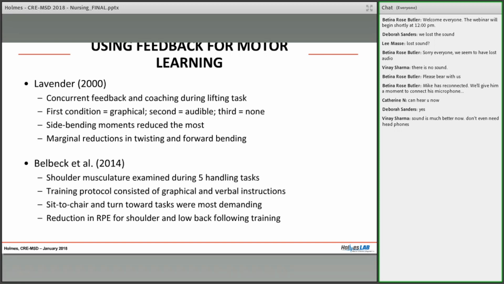A little more recently, Belbeck and colleagues, from Clark Dickerson's group at Waterloo, performed 5 different patient handling tasks and had a feedback session where a presentation on safe lifting practices was given as the intervention, and they were able to show reductions in participants' ratings of perceived exertion for both the shoulder and low back following the training.